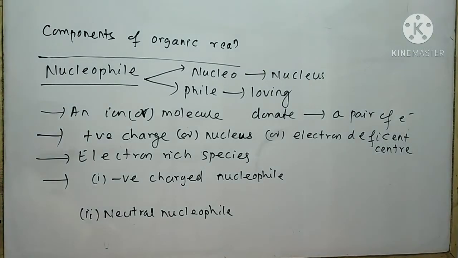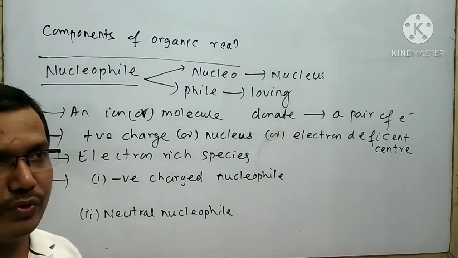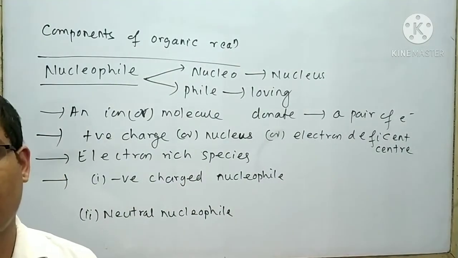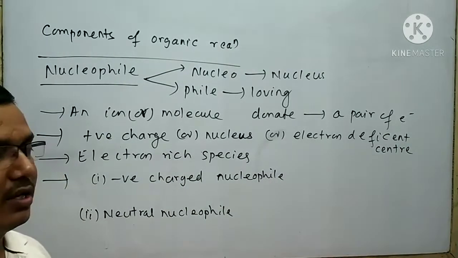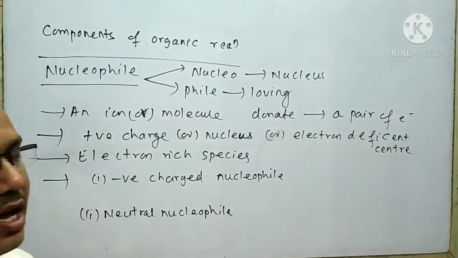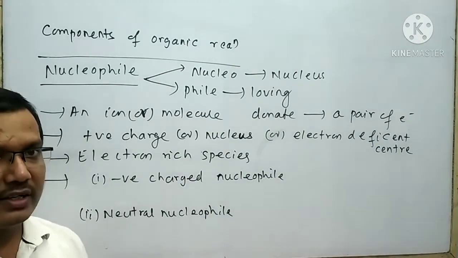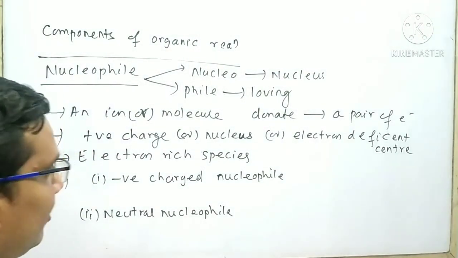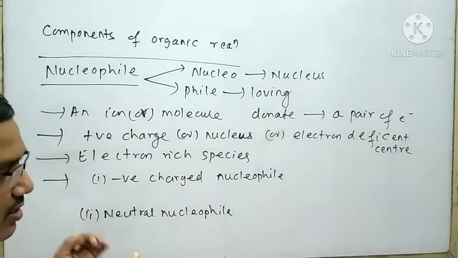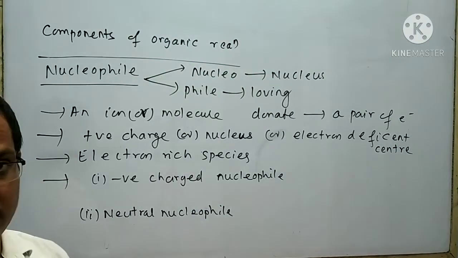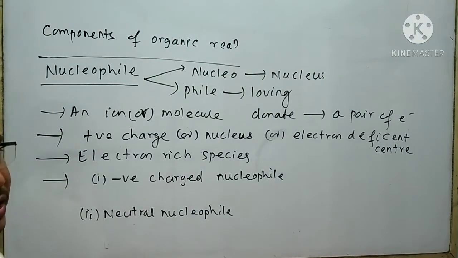Then a question will arise: how can you know which species are electron rich and which species are electron deficient? You can clearly identify whether a species is electron rich or deficient by knowing some tricks.